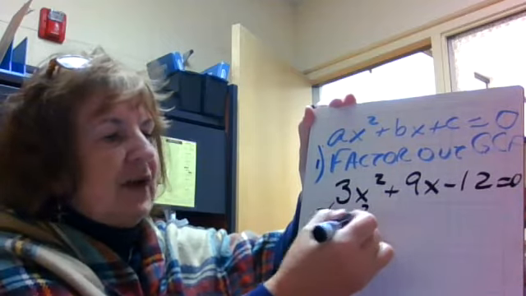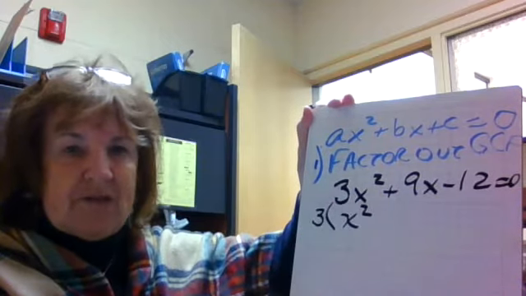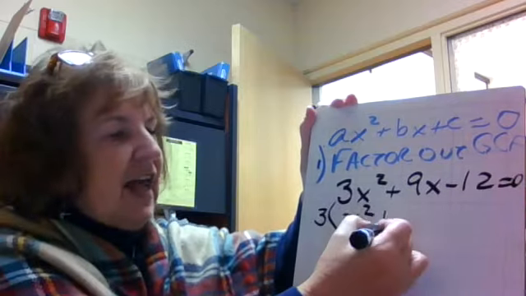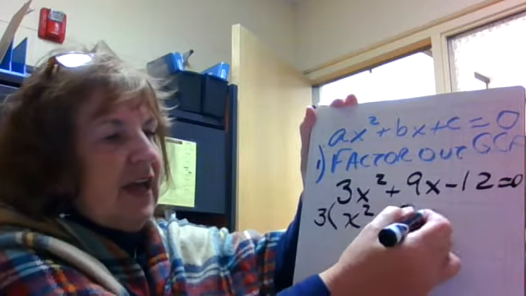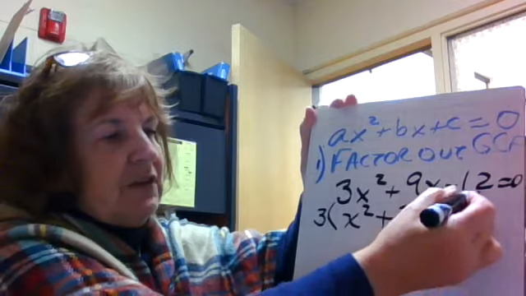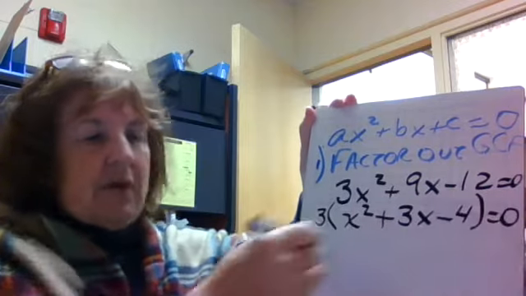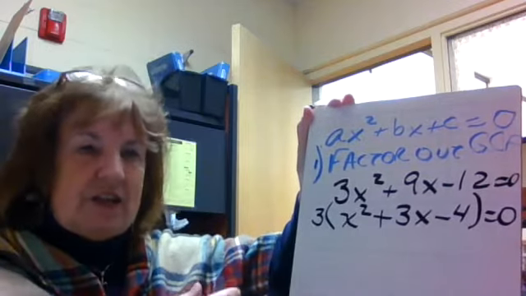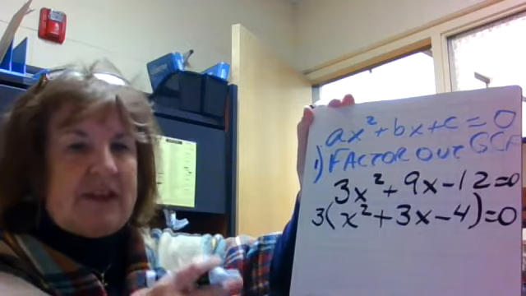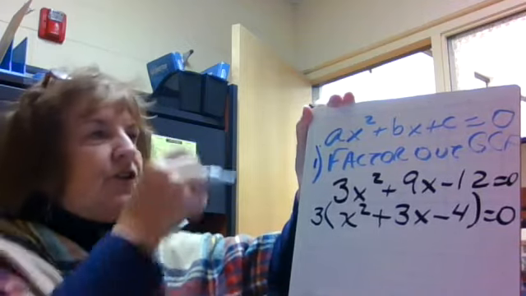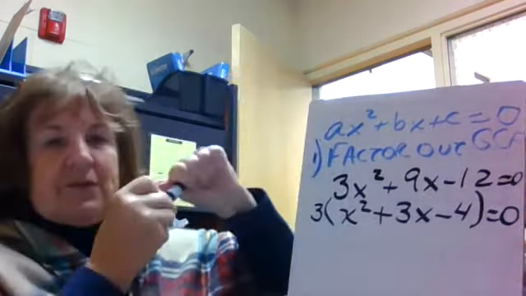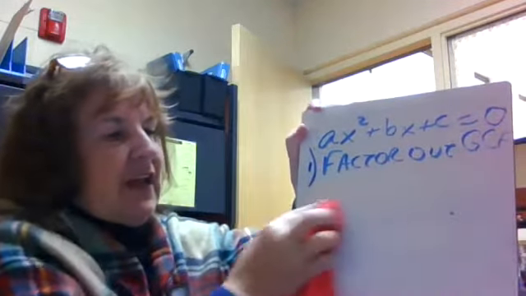We don't need to write the 1 down, but we have x squared left. 9 divided by 3 is 3, and 12 divided by 3 is 4, equals 0. We're not actually done with that problem factoring, but that's what we would do if we wanted to factor out a greatest common factor.